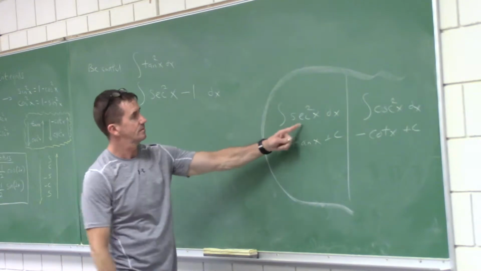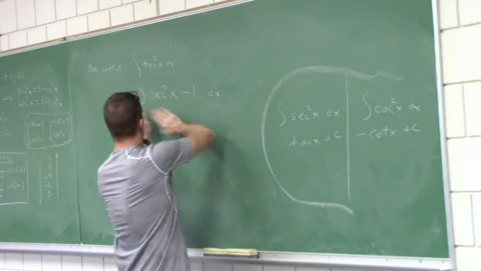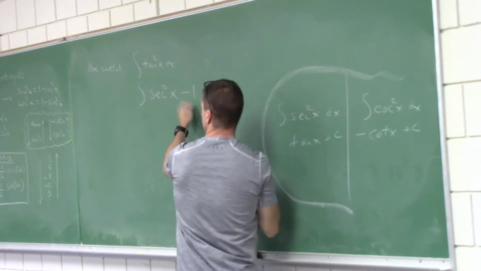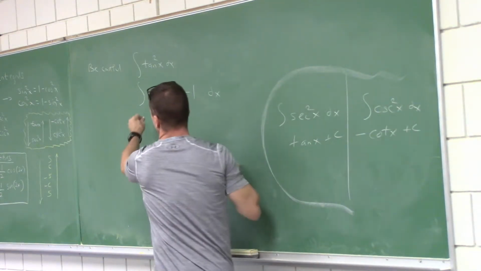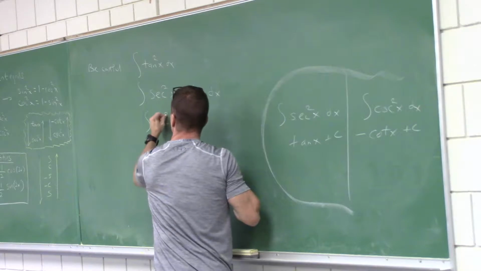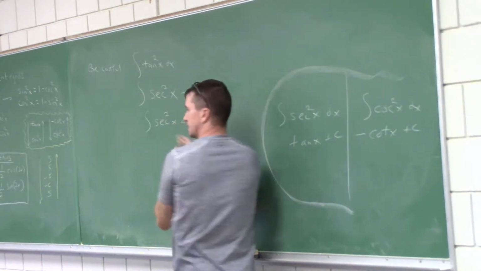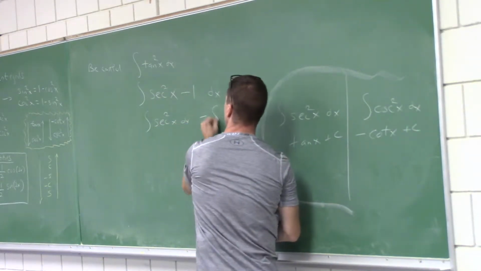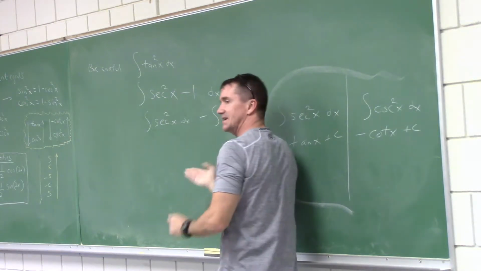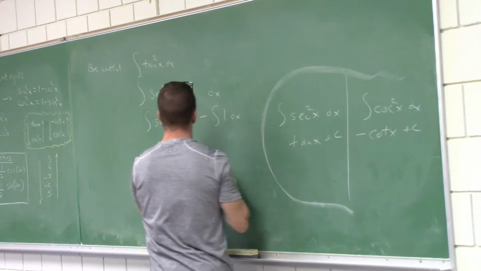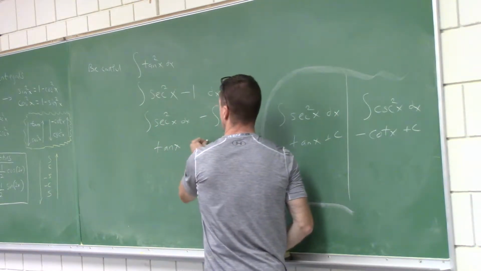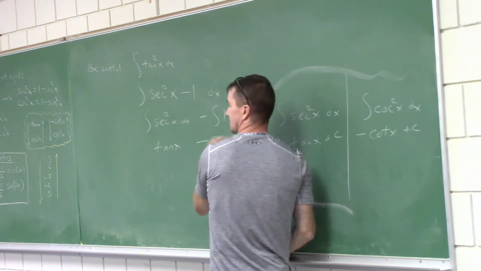Now we're ready to rewrite this as the integral of secant squared of x minus the integral of 1. If you want to think of it that way, I've got that integral, easy, minus the integral of 1, easy. No substitution. So what's that integral? Yep. And what's the integral of minus 1? There you go.